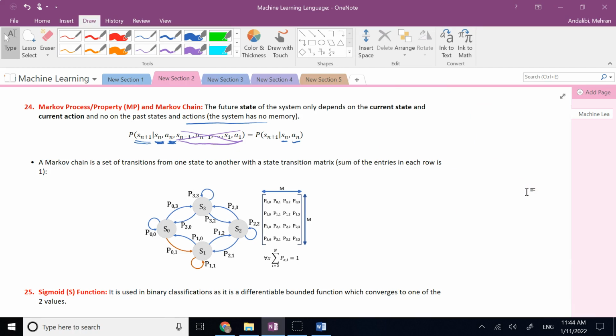You might say, like what? Let's take a look at an example. Let's say you're driving, and S here means being in which lane of the road. Well, if you are in the second lane right now, and your action is to turn a little bit to the left, change one lane toward left, which lane would you end up?